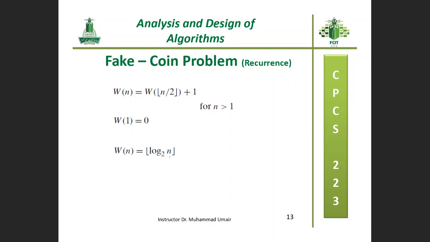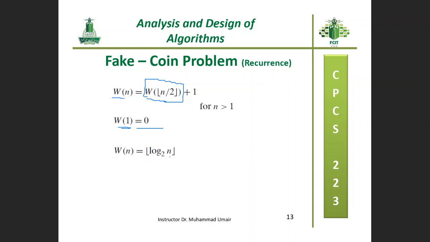There are very minute things which you should focus on when you are writing a recurrence for this one. So in this fake coin problem, you are making two groups, but the recursive call is applied only on one portion. That's why when you are writing the recurrence, W(n) will be equal to W(floor of n/2) plus 1. And if you have only one coin, then you do not need any comparison, then it will be 0.